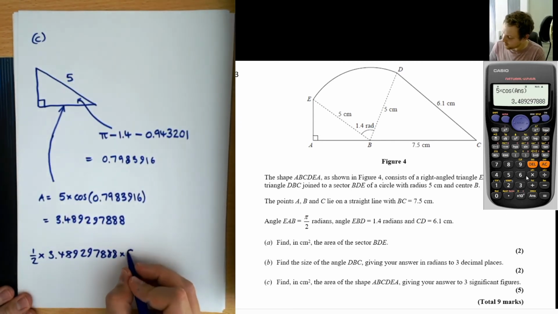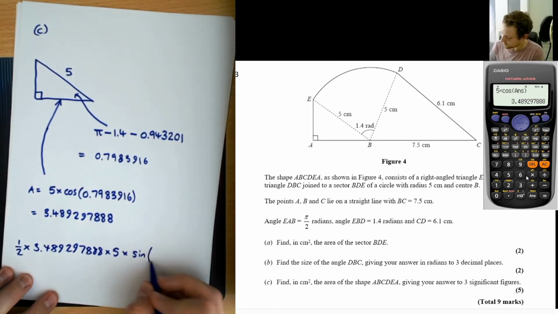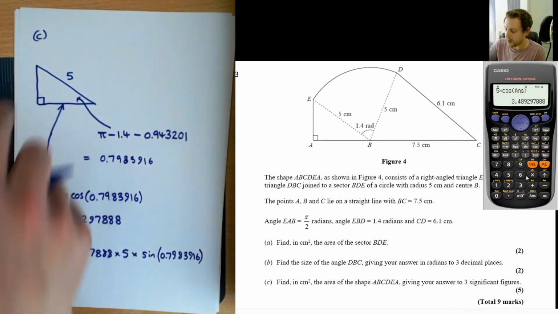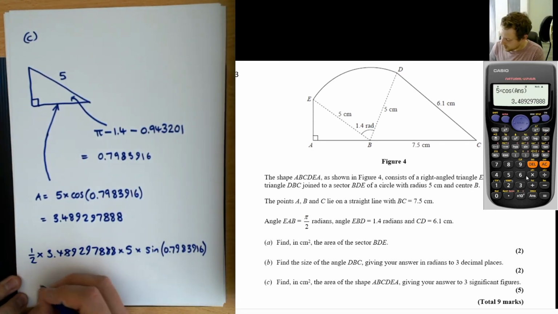Okay, and so the area of this triangle is 1/2 times this answer times 5 times sine of this. And as I said, there's lots of other things you could do, but this is what I'm going to do.